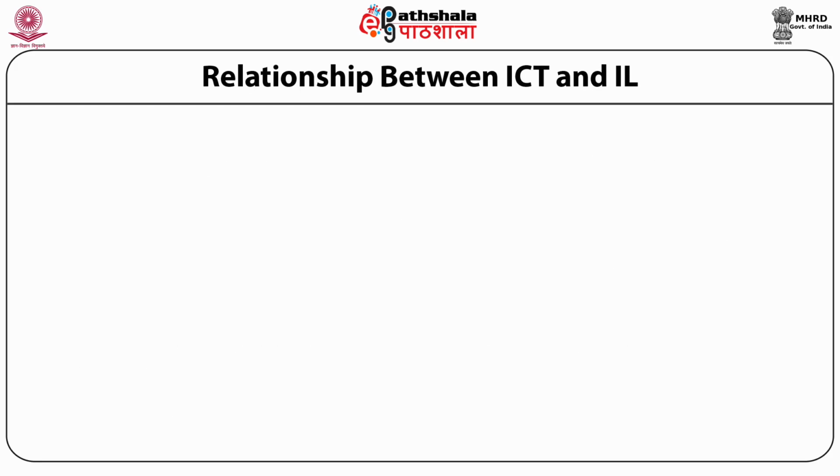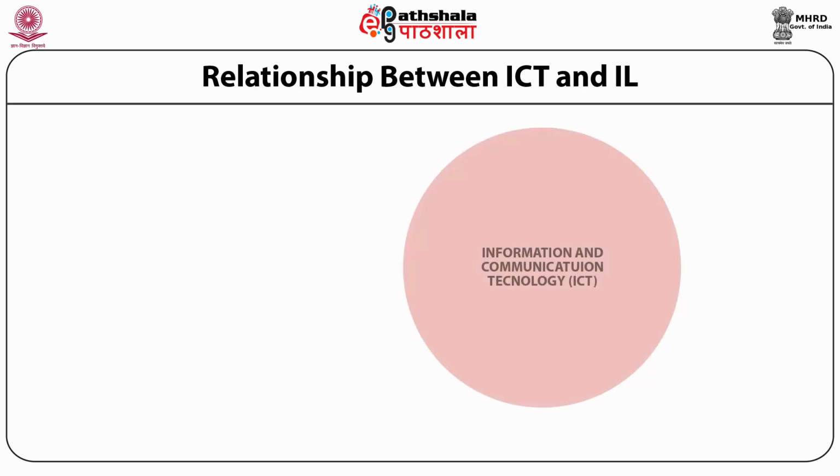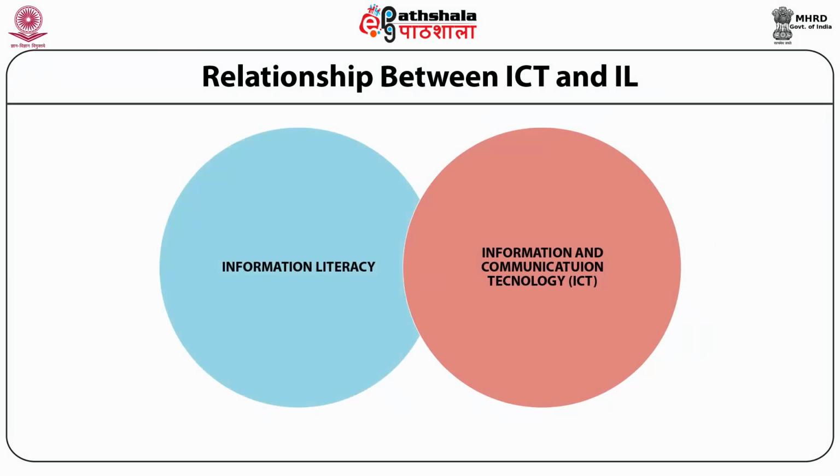In the present diagram, the ICT and information literacy is shown, and as you are aware, both are interrelated with the term information. The word information is common in both.